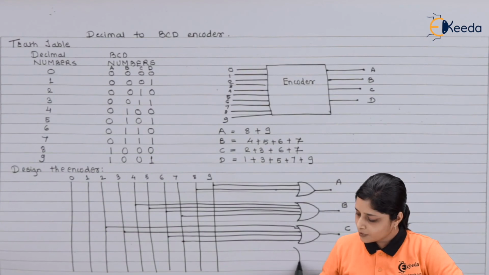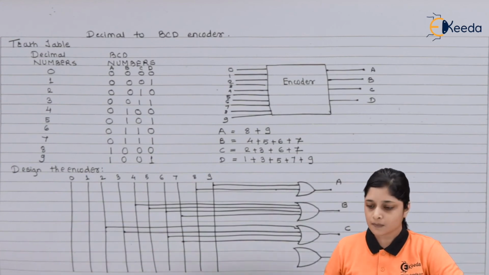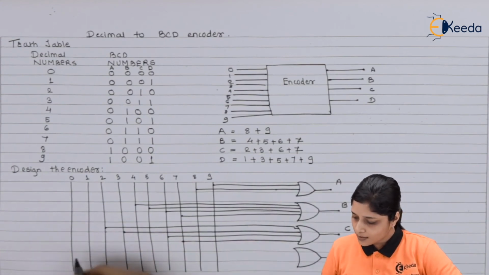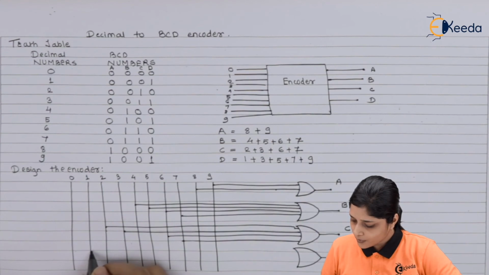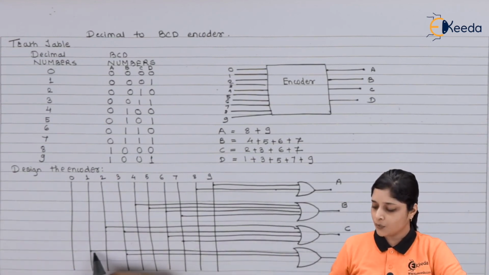Now we will take for the D. Again you have to draw OR gate and you have to show the output for D. It is 1. So we are going to connect this 1. You have here 1, then plus 3.